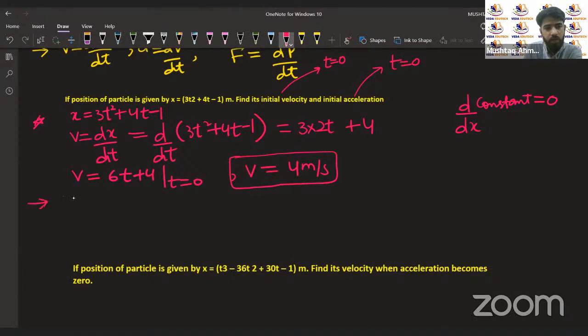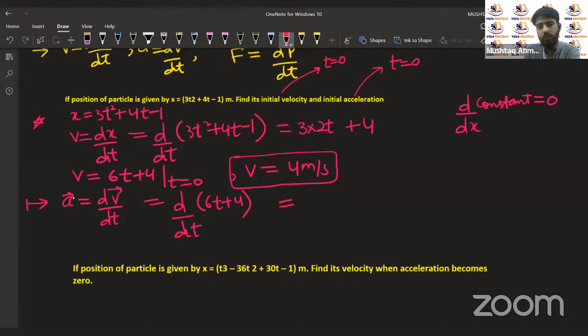Now talking about the acceleration, acceleration is the first time derivative. If we take the derivative of velocity with respect to time, we'll get to know about the acceleration of this particle. So it's dv upon dt. We have already calculated the velocity v as a function of time, that's 6t plus 4.